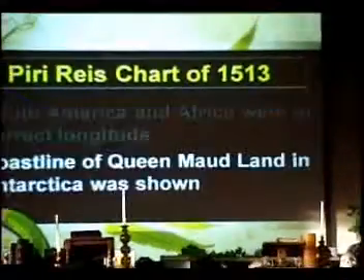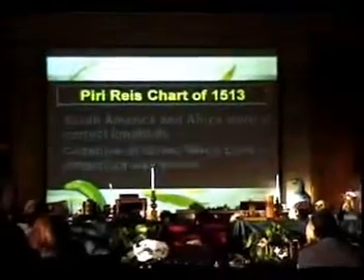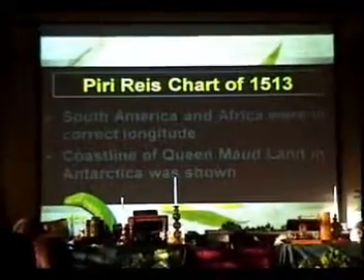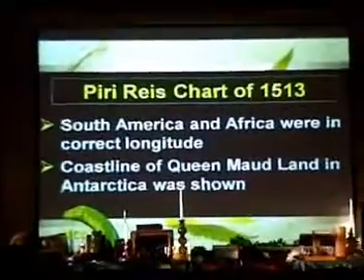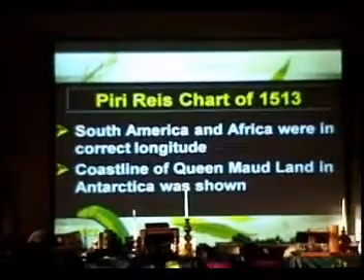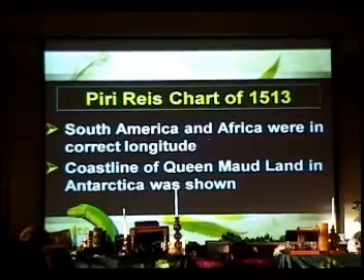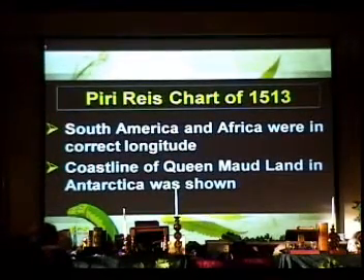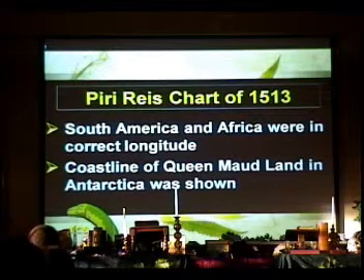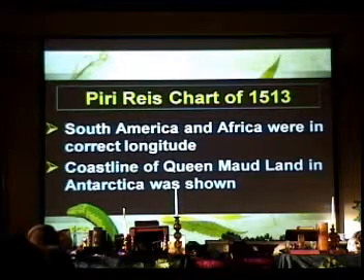Next. Now, the Piri Reis map, what did it actually show? Go backwards. Let's go back up. Okay. South America and Africa were in the correct longitude. Now, they didn't know how to do longitude up and down. Where are you along the globe? They didn't know how to do that until the mid-18th century.